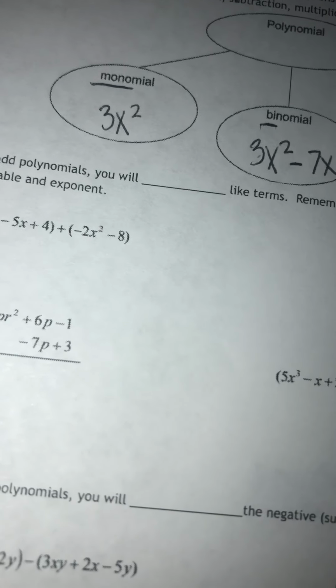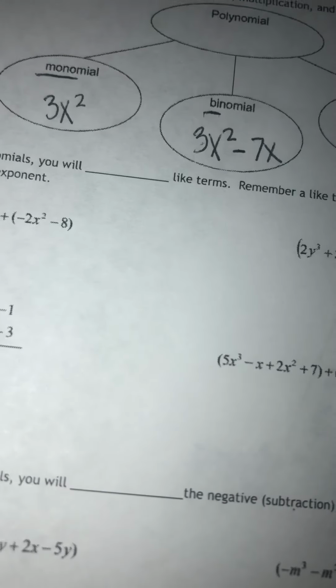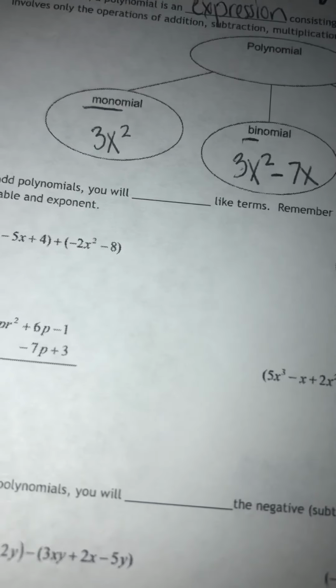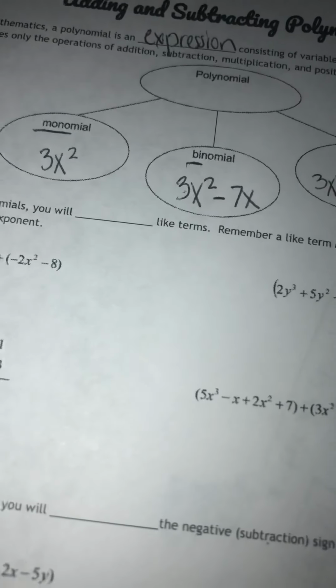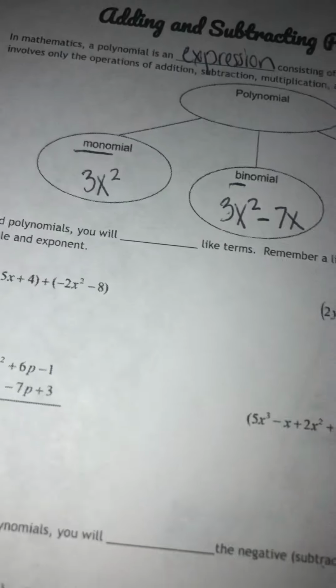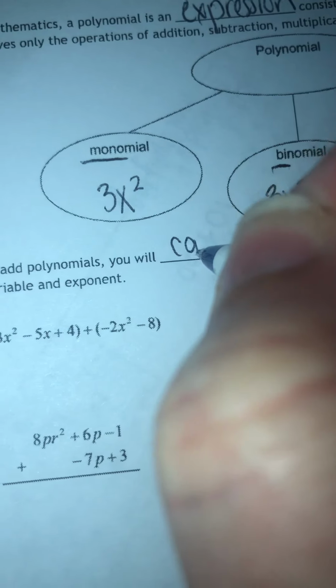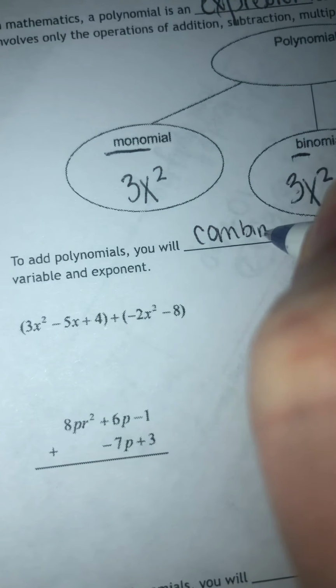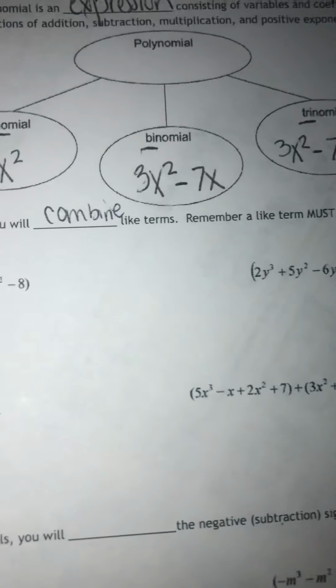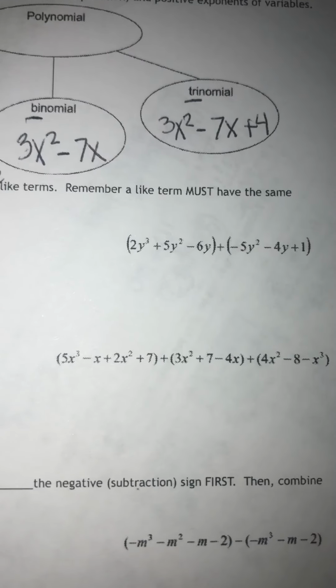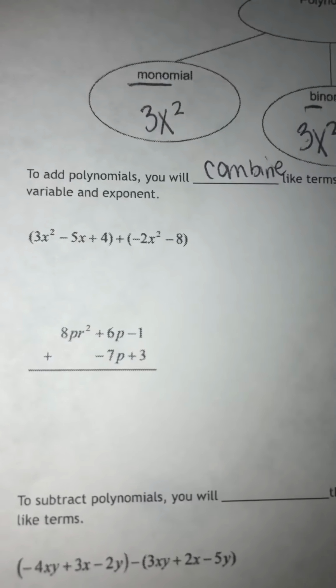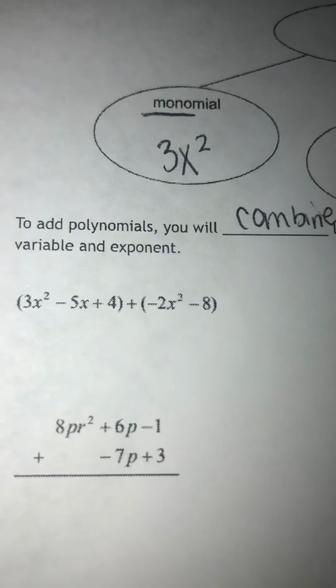The next thing is talking about when we are allowed to add or subtract polynomials. In order to add or subtract polynomials, you have to have like terms, and in this situation we're going to combine like terms. If it doesn't have the same variable or exponent, you are not allowed to combine like terms.